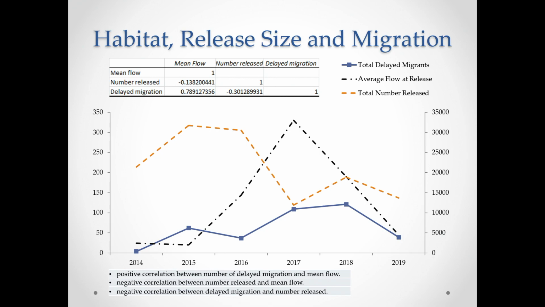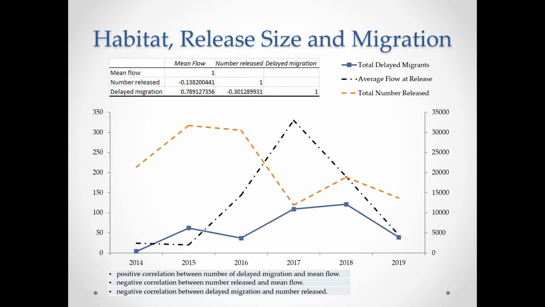So what it appears to me is that there is a positive correlation between the number of delayed migratory fish and, I'm sorry, it's not mean flow, that's total or peak flow, just to clarify. They move in the same direction, right? So when flow goes up, the number of delayed migratory fish goes up as well.